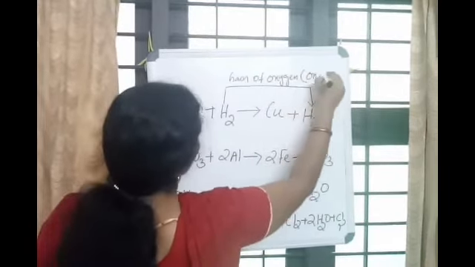And what about here? What happens to sulfur dioxide? Sulfur dioxide loses its oxygen. Loss of oxygen, reduction. And what happens to the hydrogen sulfide? Hydrogen sulfide gains oxygen.